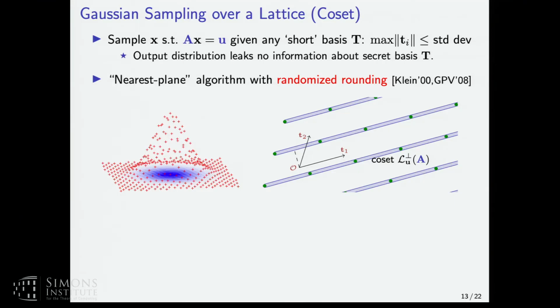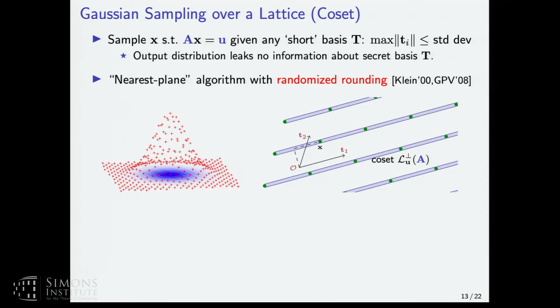So we pick a plane at random, which is near the origin, and then we project from the origin orthogonally onto the plane, and then we just iterate. There's only 2 dimensions here, so when we iterate, it's a matter of rounding off within this plane to a nearby coset point. So maybe we randomly round off to this point here.